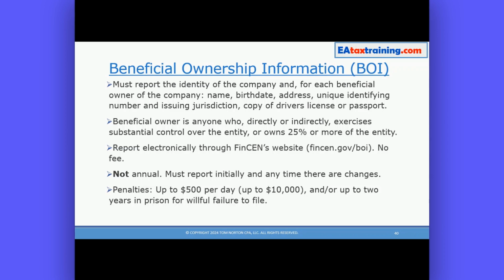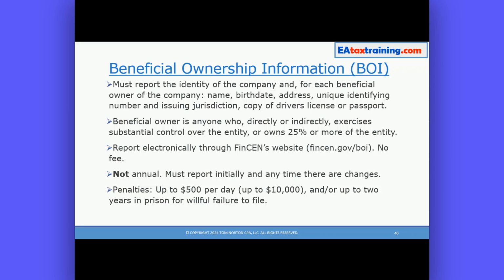A beneficial owner is anyone who, directly or indirectly, exercises substantial control over the entity or owns 25% or more of the entity. So any 25% or more owner or any person, whether or not they're a 25% owner, who exercises substantial control over the entity, must report.